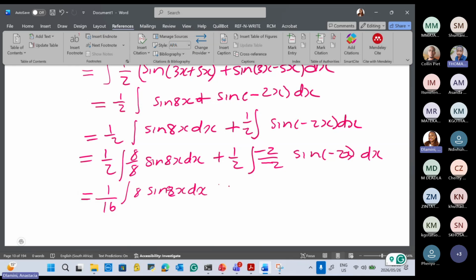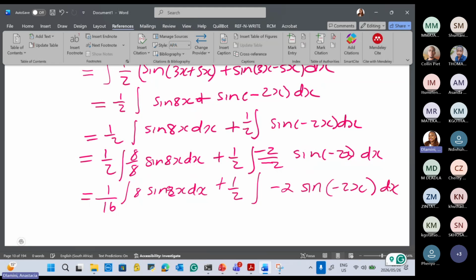Are you asking about the term that you write or the one that you plus the half? You're supposed to be giving me answers. It's supposed to be negative, it will be 1 over 4. Plus half into a negative 2, plus half, and then integration sign, negative 2, sine negative 2x.